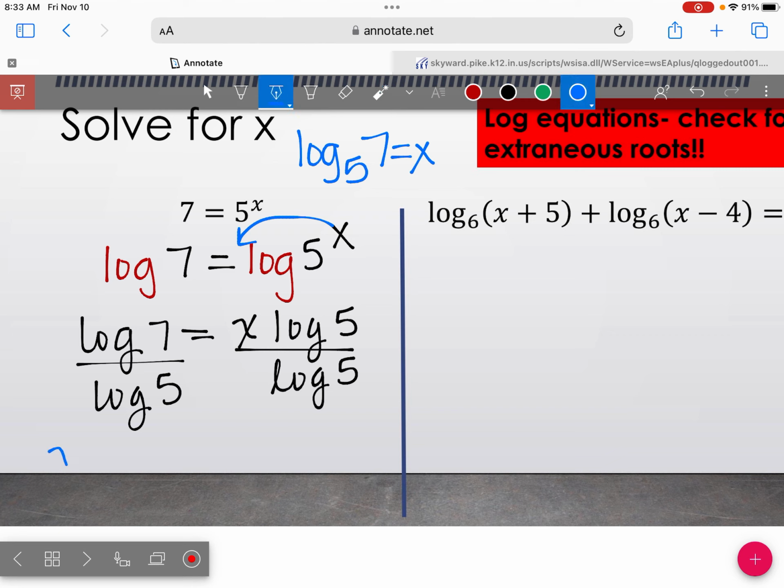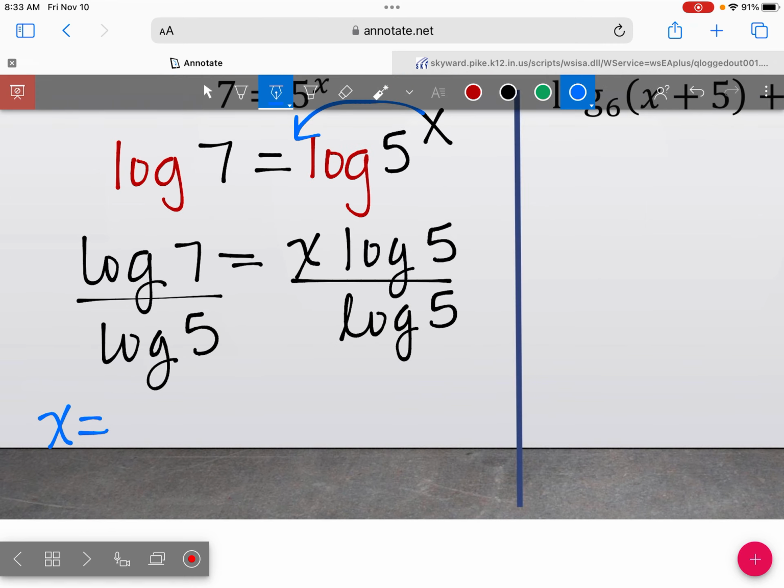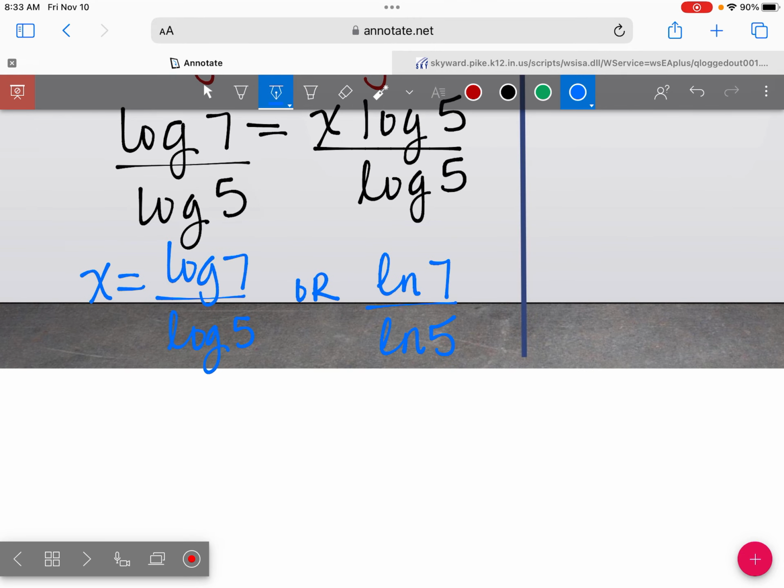So you're going to type in x equals the log of 7 divided by the log of 5. Or you can also do the natural log of 7 divided by the natural log of 5. Both of them give you the same answer. I'm going to go ahead and write that down here because I don't know if you can see that on the gray.